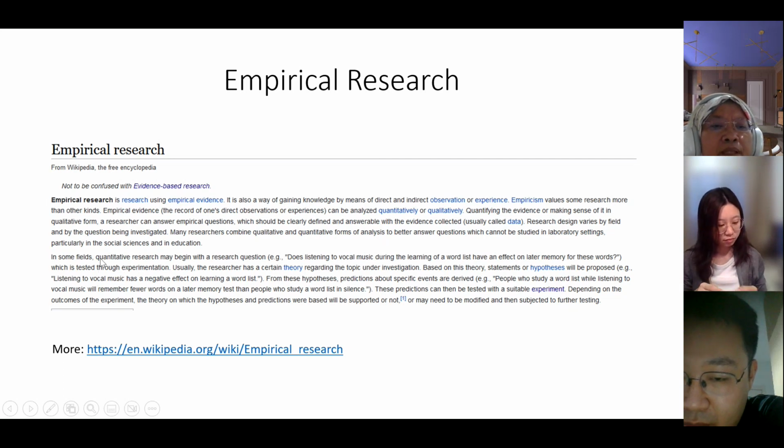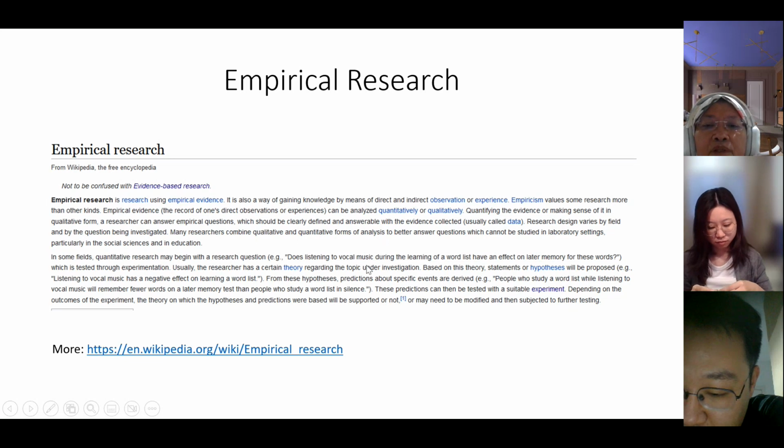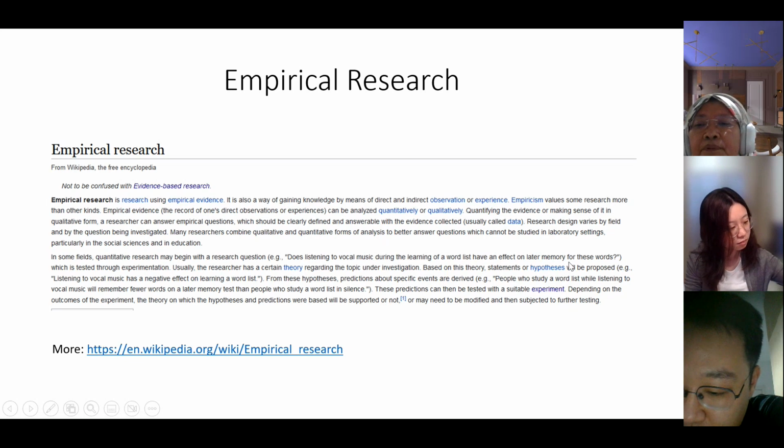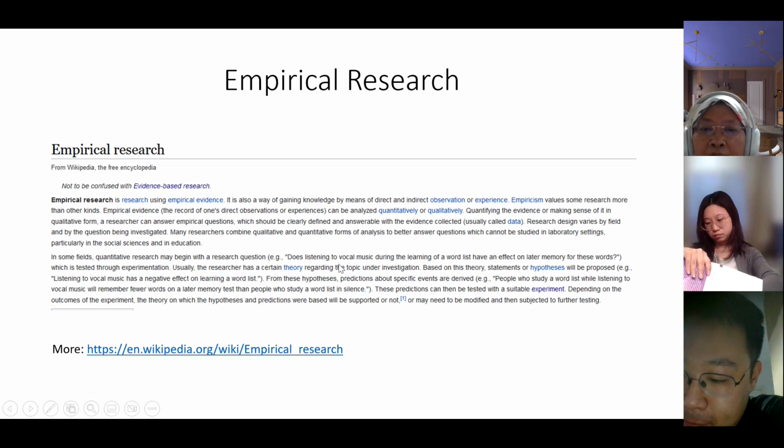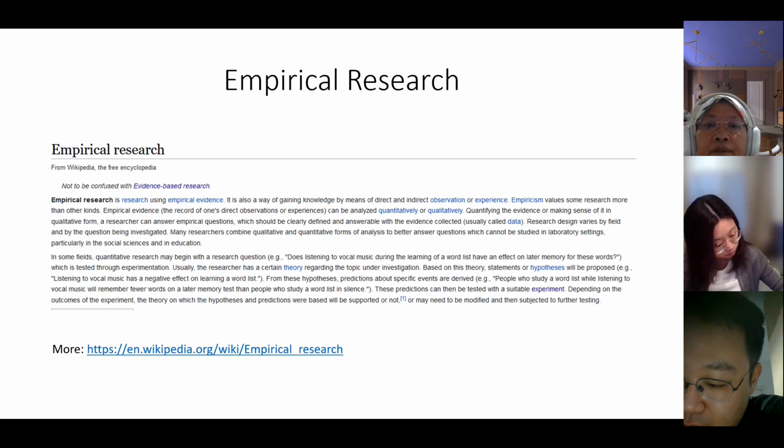In some fields, quantitative research may begin with a research question. For example, does listening to vocal music during the learning of a word list have an effect on later memory for these words? So the task is to learn a list of words, and at the same time, listening to vocal music. Vocal music, I would think like a cappella.